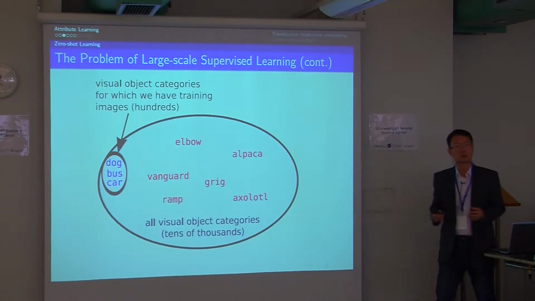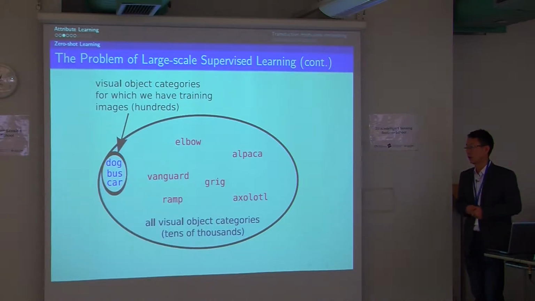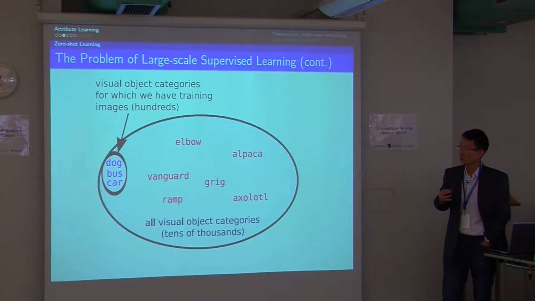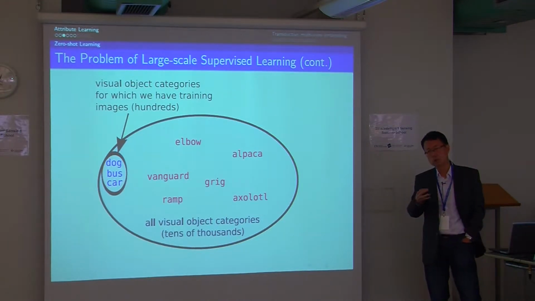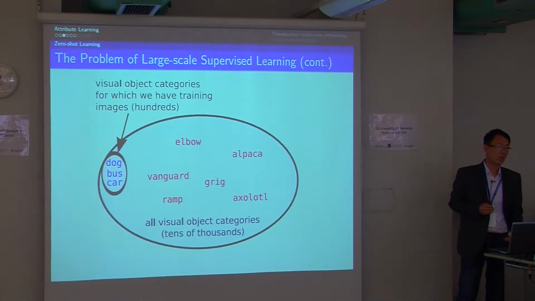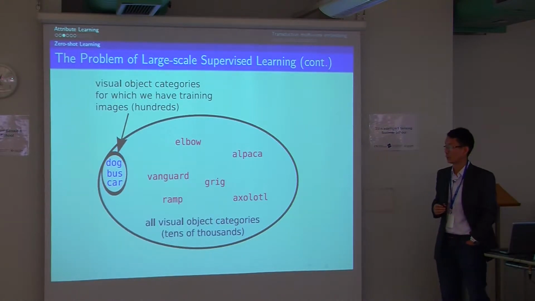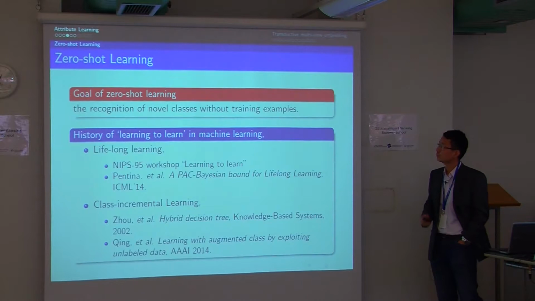That's the problem with the conventional transfer learning technique. That's why we are still not able to extend computer vision algorithms to handle over 30,000 categories.